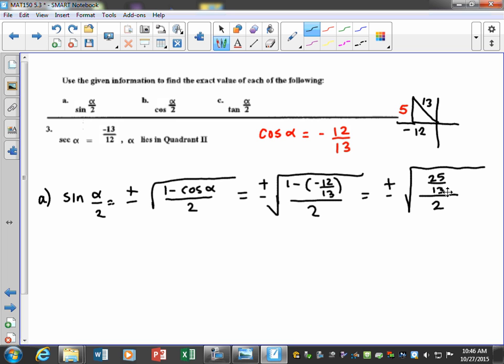Okay, to simplify the fraction underneath here, you can multiply by 1/2. We're showing all the steps here. And that's just going to give us 25 over 26.